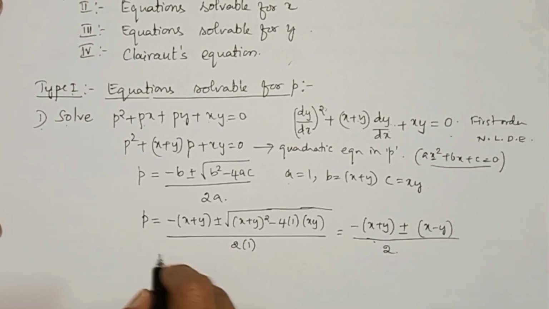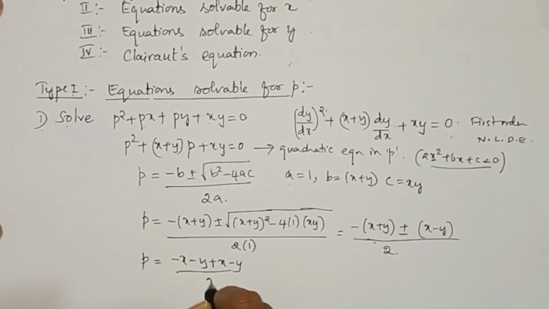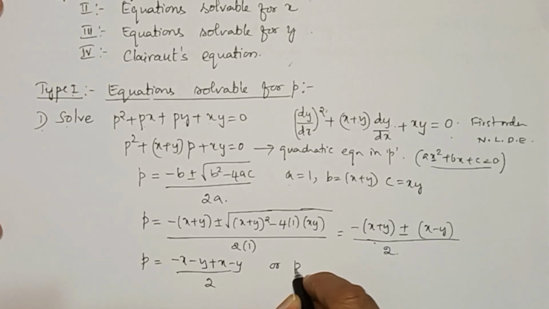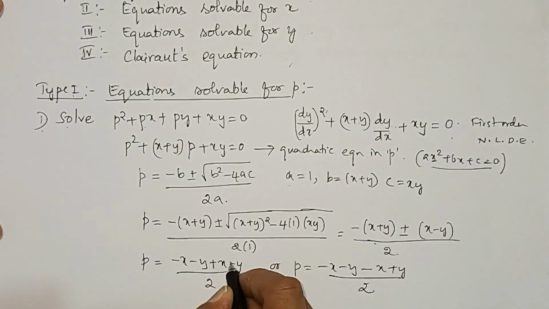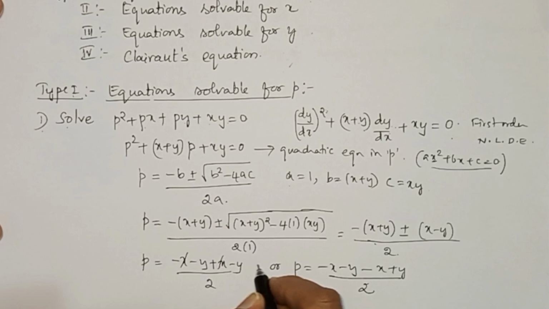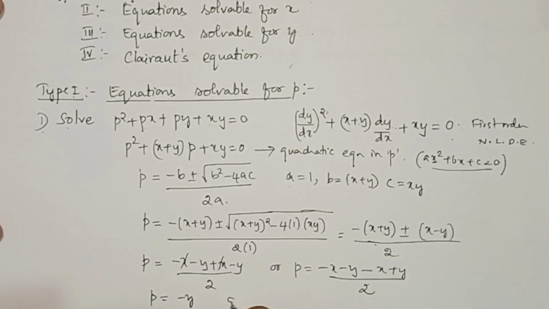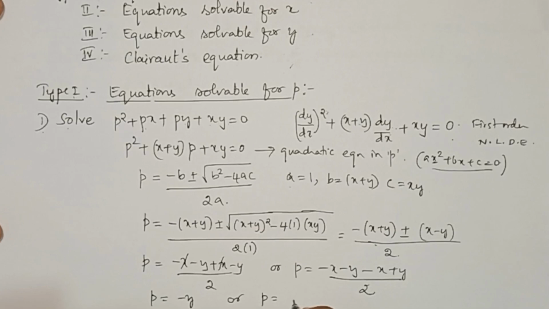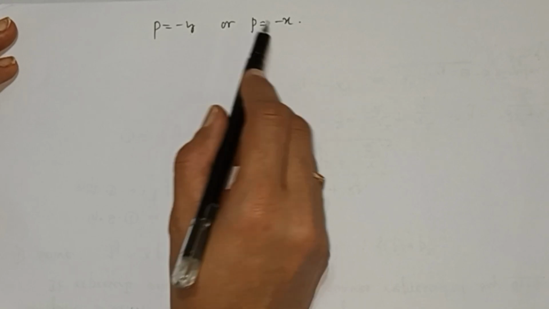So simplify this further. P equal to minus x minus y plus x minus y by 2, or P equal to minus x minus y minus x plus y divided by 2. So here minus x plus x cancels, P equal to minus y, or P equal to minus x. So we got here p equal to minus y or p equal to minus x.